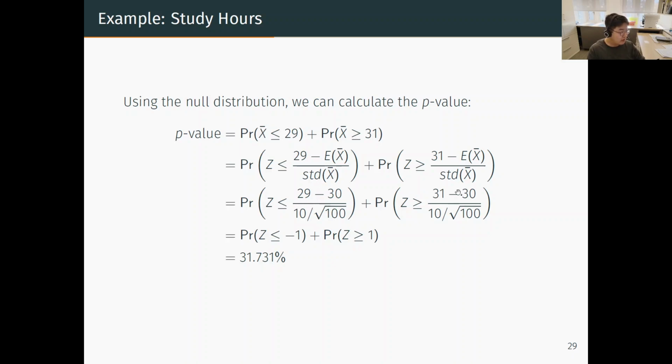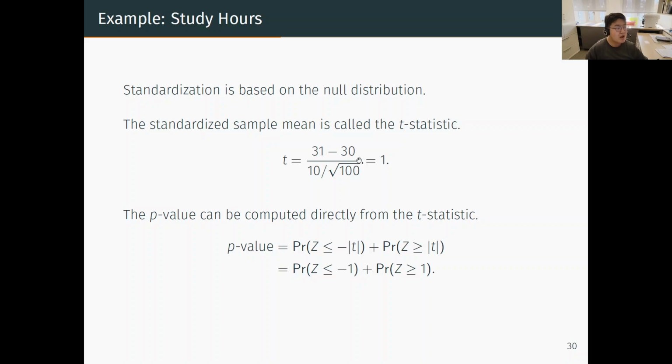And after you calculate the standardized numbers, you get -1 and +1. That is the tail probability on the standard normal distribution outside plus and minus 1, which is 31.731%. I believe you can do it on Excel, calculating the standard normal probability. So this is how we calculate the p-value, okay?